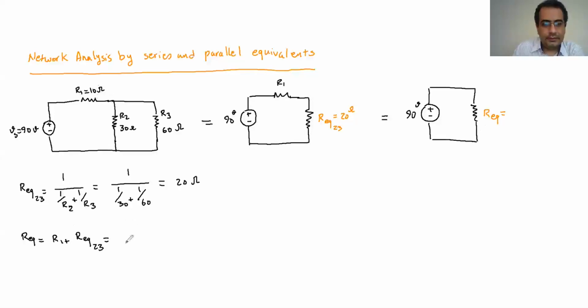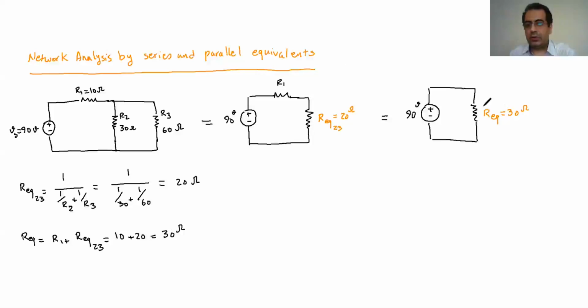R1 is 10, and REQ here for 2, 3 is 20, so it should come out at 30 ohm. Now this is the most simplified version that I can have for my circuit.